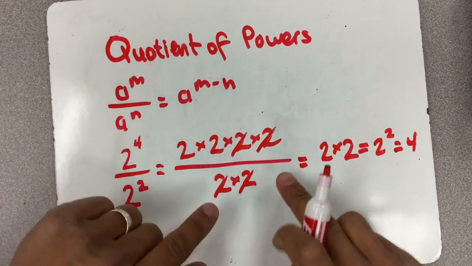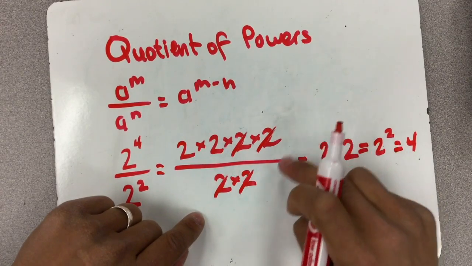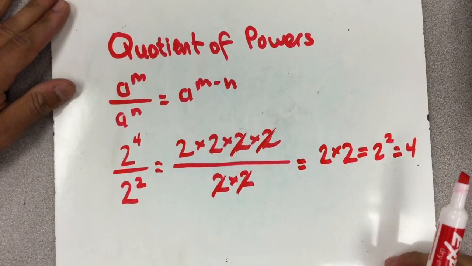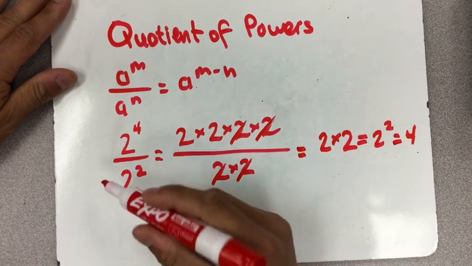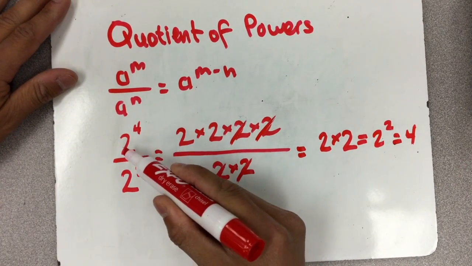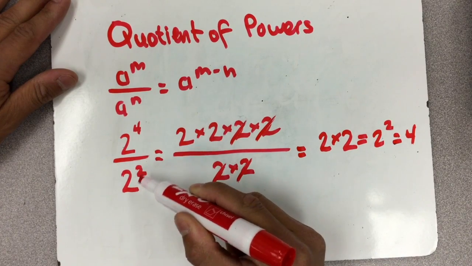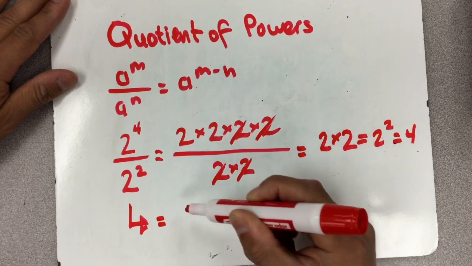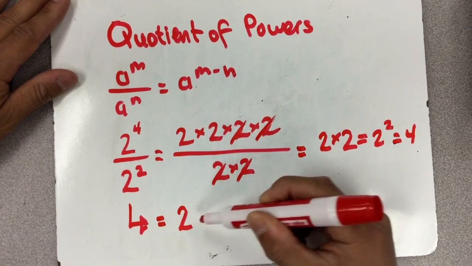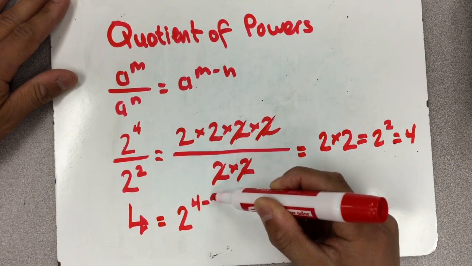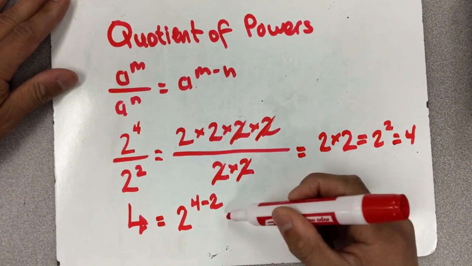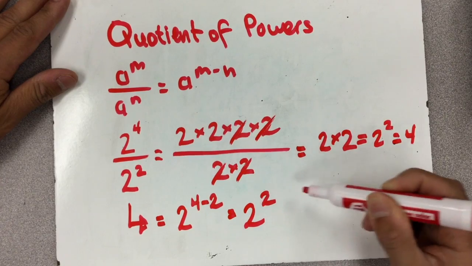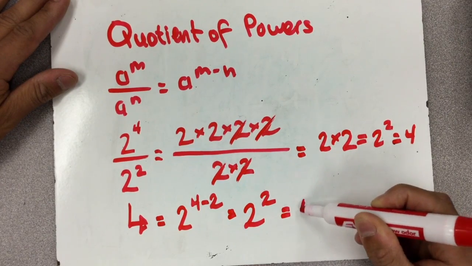Now, let's keep in mind what we did here with the repeated multiplication, but let's examine what our law is telling us we can instead do. If I have 2 to the power of 4 divided by 2 to the power of 2, I can instead write this as 2 to the power of 4 minus 2, which is 2 to the power of 2, or 2 squared, which is 4.